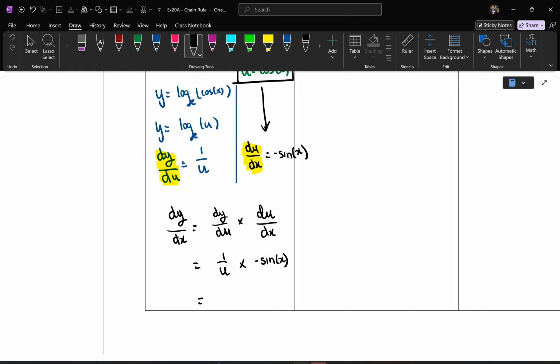Well, we don't write u because u was something made up. So you replace it. It's 1 over cos of x times negative sine of x. Notice that's a fraction. So when you multiply numerator and denominator, it ends up being negative sine of x over cos of x.